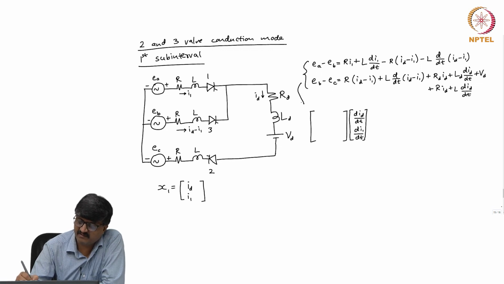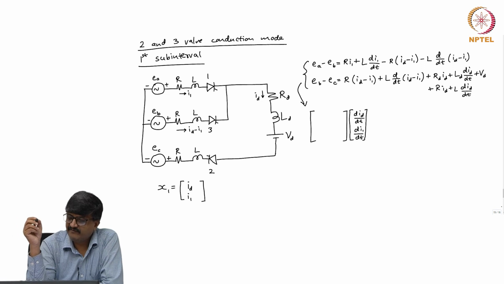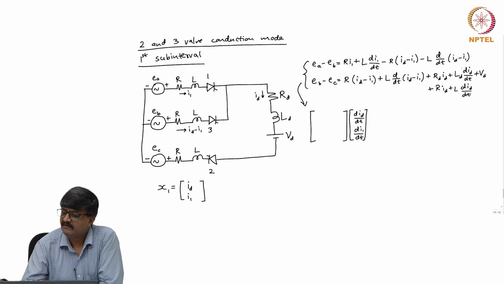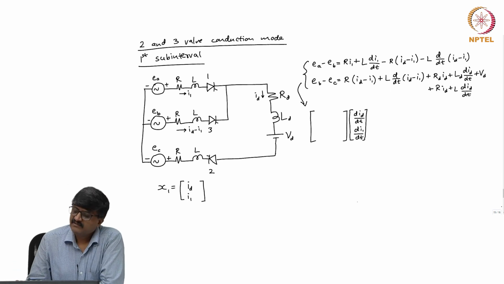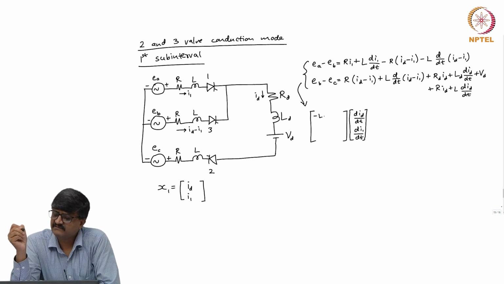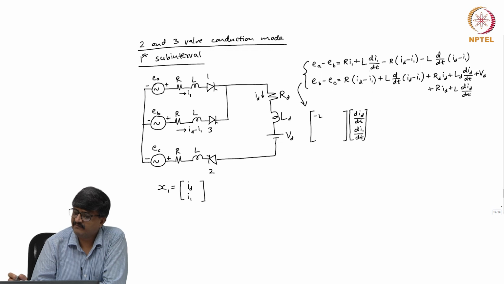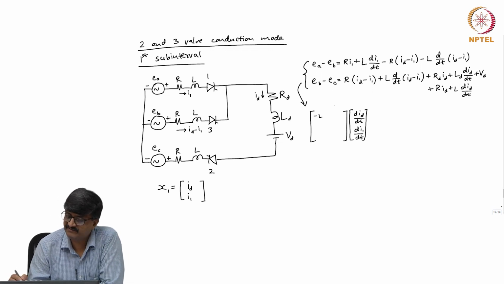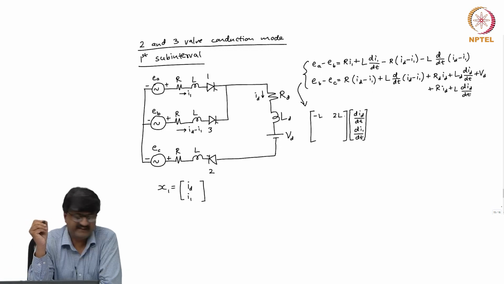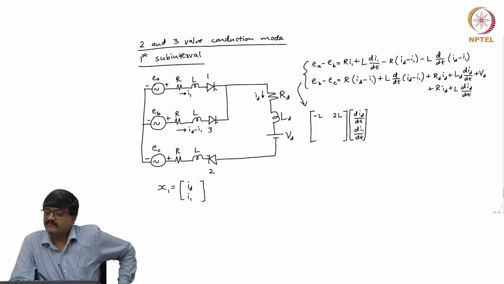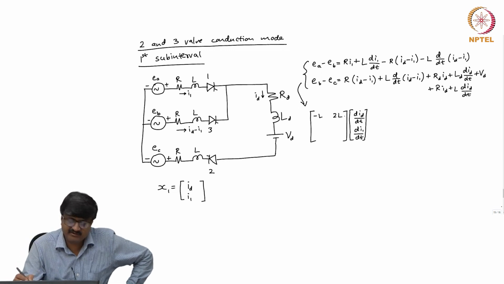In the first equation, the coefficient of dID by dt is minus L, and the coefficient of dI1 by dt is 2L, since L dI1 by dt appears twice. In the second equation, the coefficient of dID by dt is L plus LD plus L, so it is 2L plus LD.